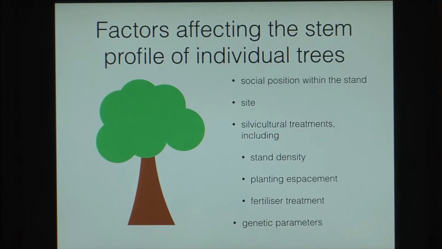When we know that these are the factors that impact tree form, can we engineer these? Yes, we can. For instance, genetic parameters can be engineered by using tree breeding exercises and by selection of plus trees for seed collection.